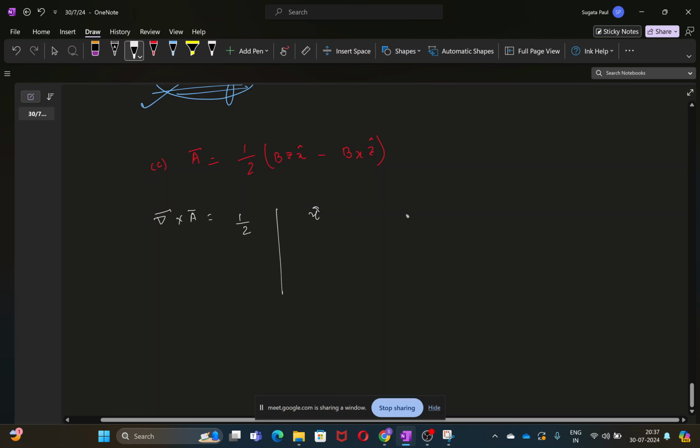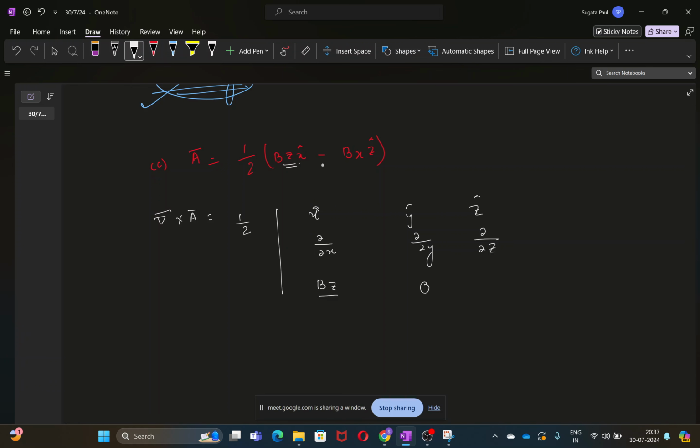x cap, y cap, z cap, del x, del y, and del z. Then you have B times z, because this is with x cap, so B times z is basically the x component of A. Now you have nothing with y cap, so the y component of A will be 0 as seen from here, and you have Bx z cap with a minus sign.